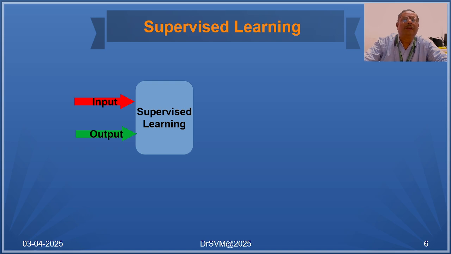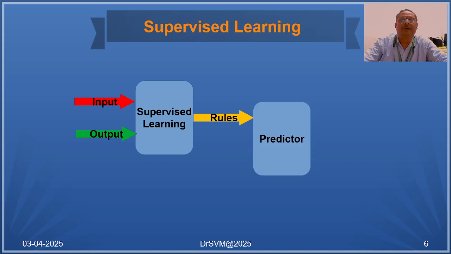The same thing happens here. Supervised learning, after correlating between the input and output, will produce a set of rules, and these rules are then fed to the predictor, and this predictor will take new inputs and give its own predictions.